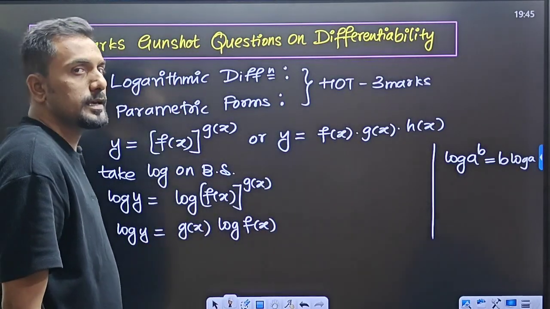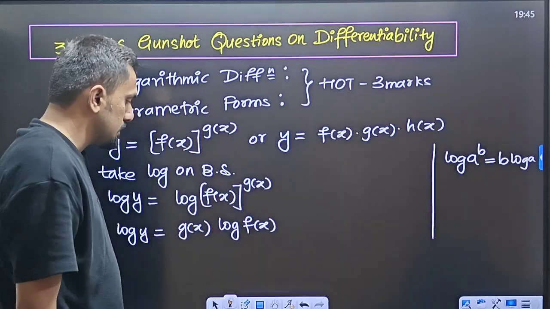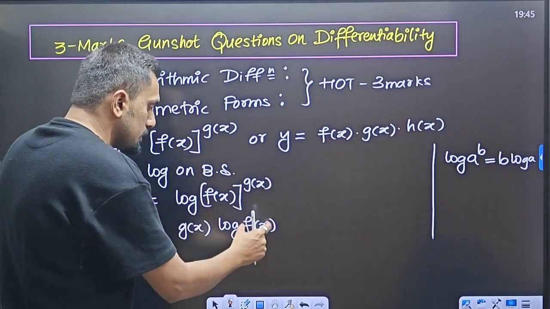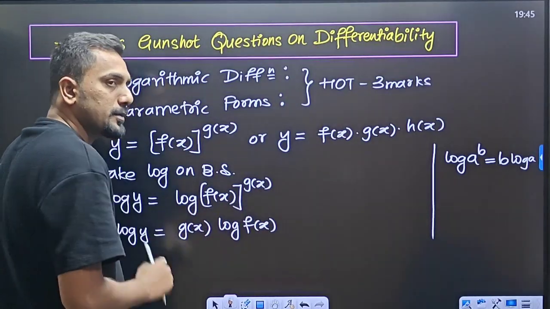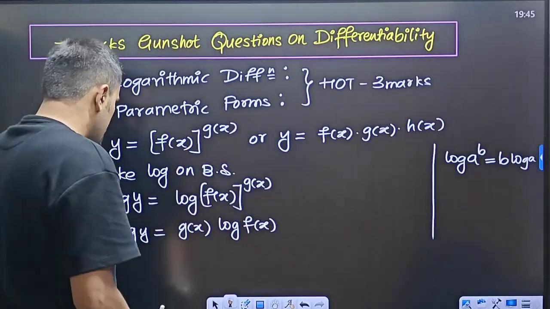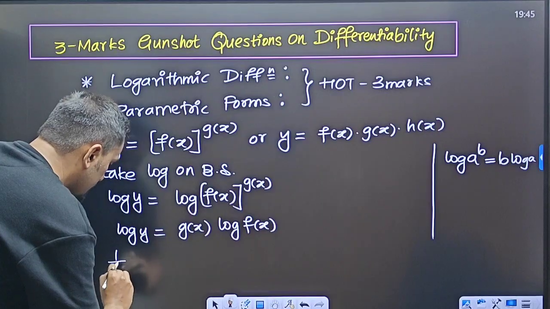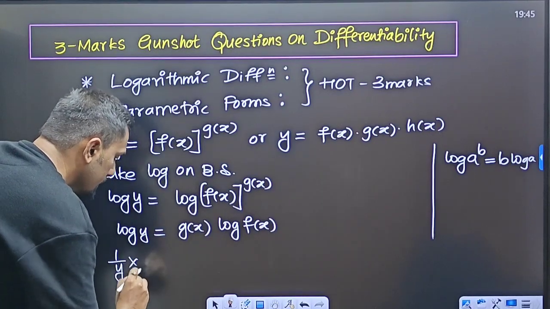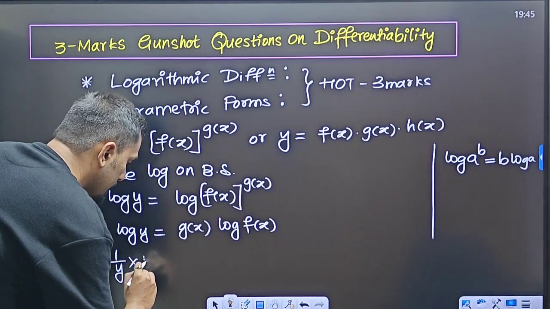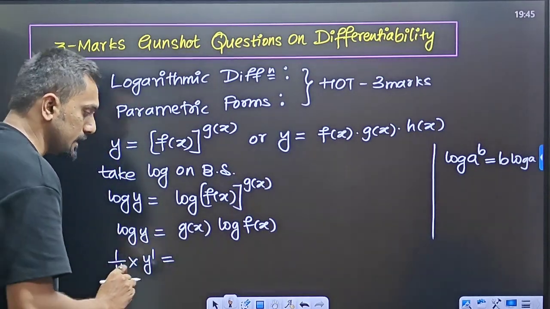Then we know the chain rule to differentiate log of f of x. After that, you use the product rule. To differentiate this, this is the first function and this is the second function. So if I differentiate this, then we will get 1 divided by y into dy by dx, or y dash, because derivative of y is dy by dx.